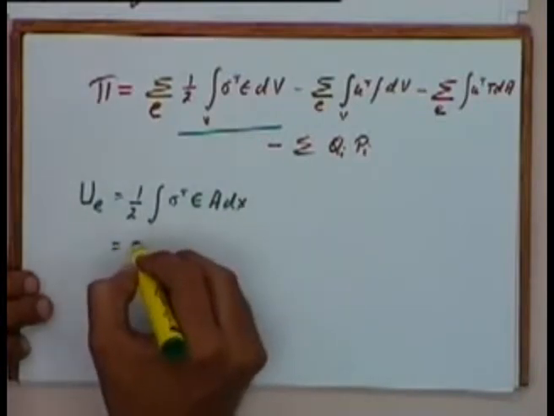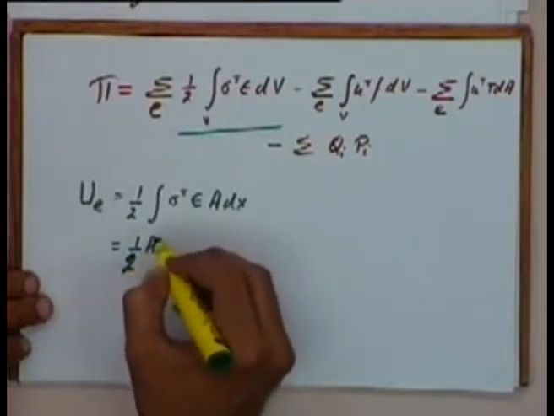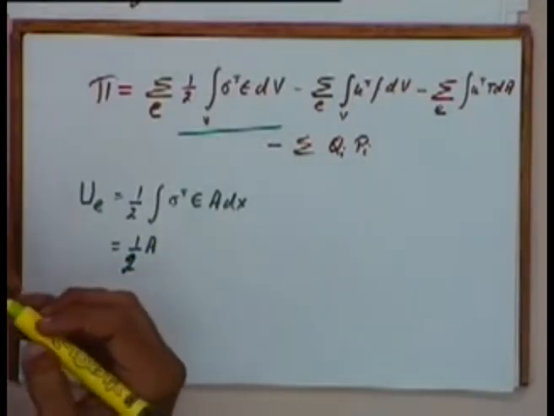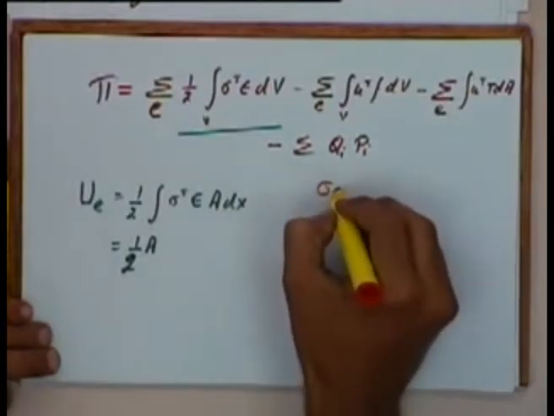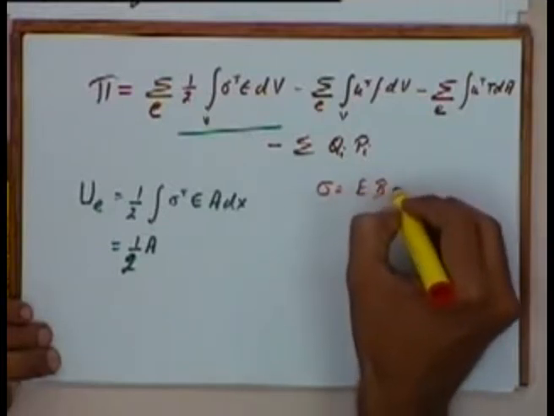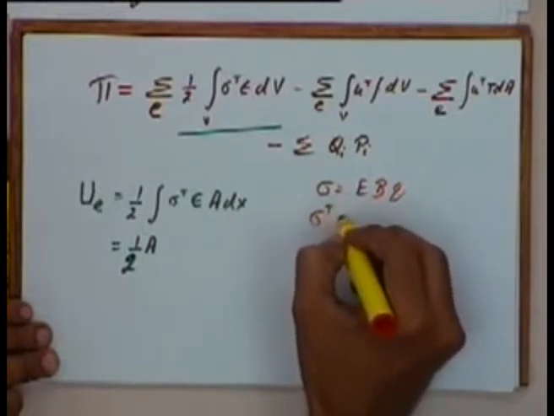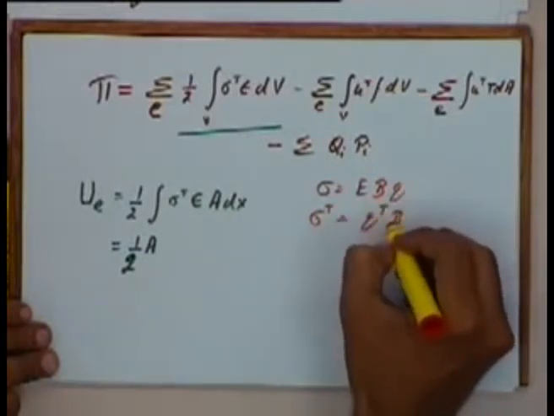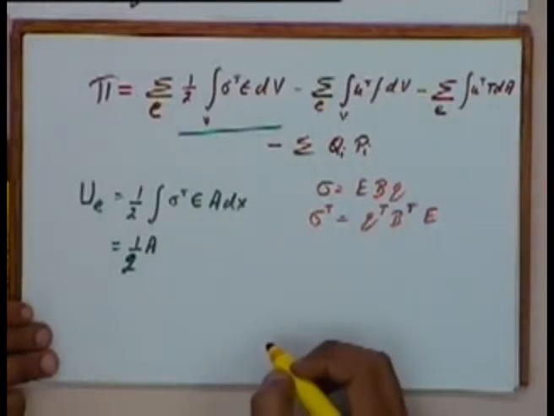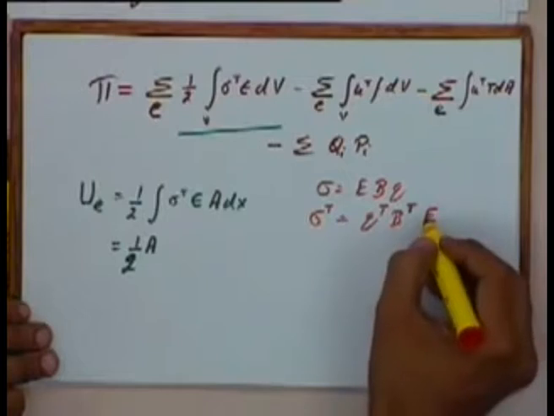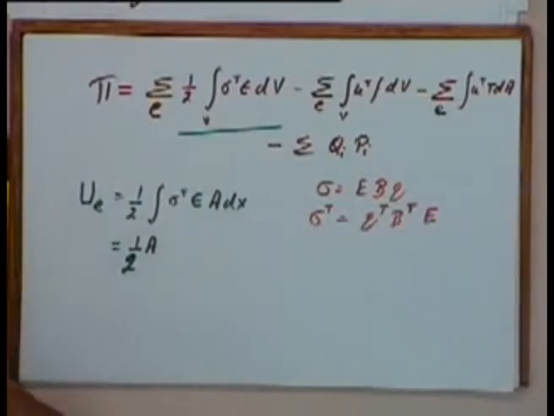So this will be equal to half of A, where sigma is equal to E times B times Q. So sigma transpose will be equal to Q transpose B transpose multiplied by E. E is of course a constant, it is not a matrix, so E can come out.